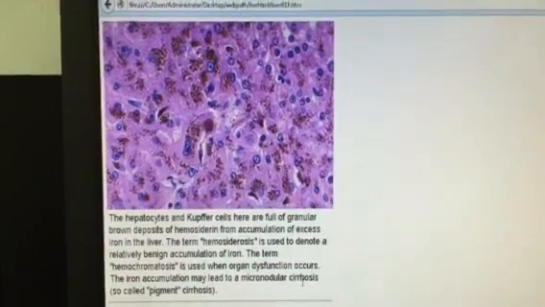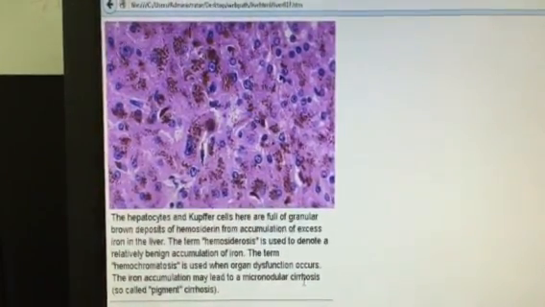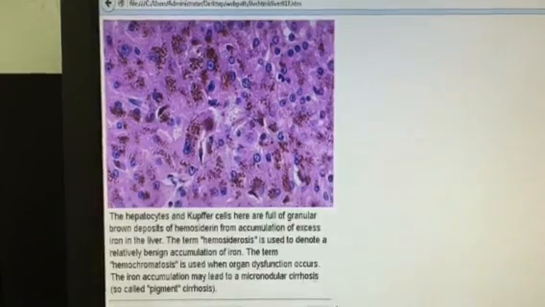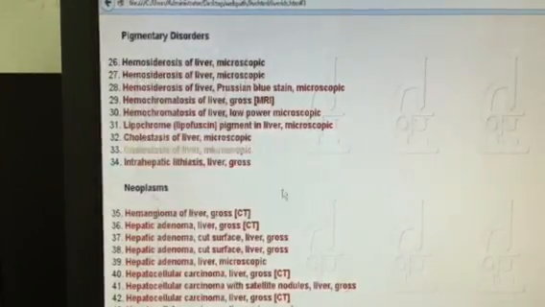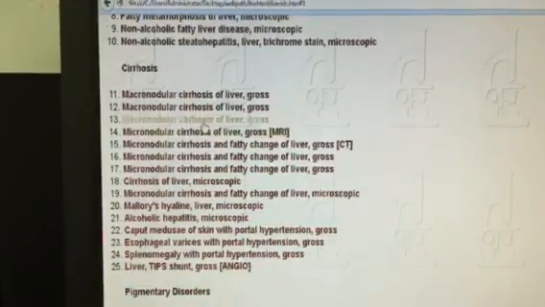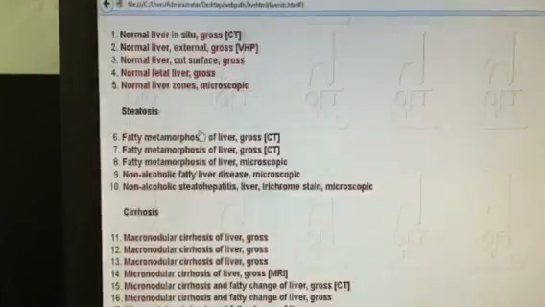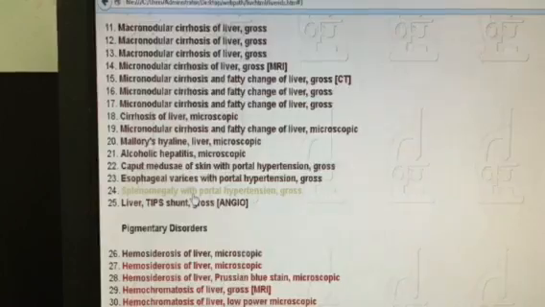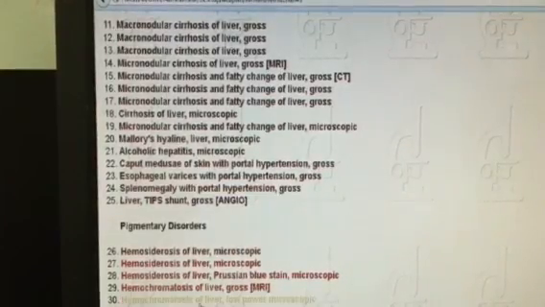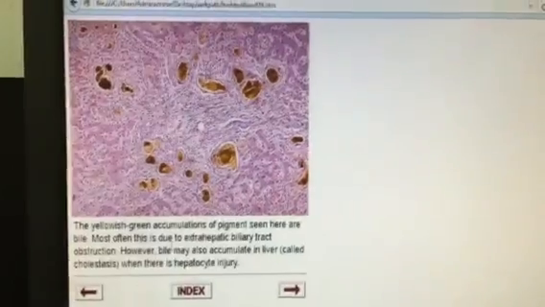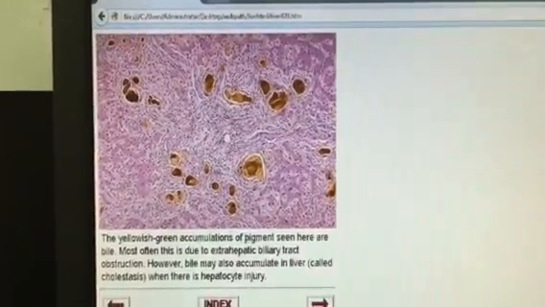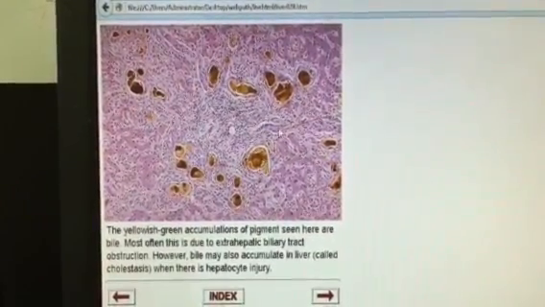Another one, the hepatocyte. In this picture, we can see a yellowish green accumulation of pigment.